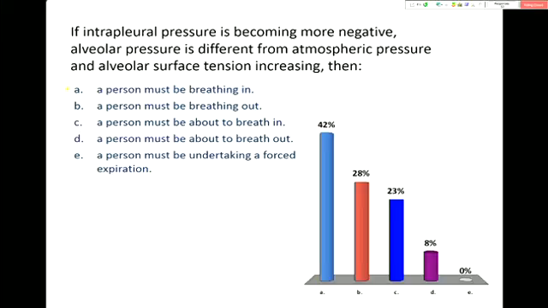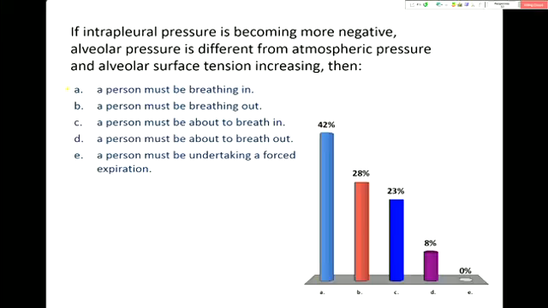Let's put a full stop after flowing. We can't say in or out. We just say air is flowing, because as long as the airways are open and there's a pressure difference, air will be flowing. Now, we don't know if it's in or out because I haven't said how it's different. I just said it's different.